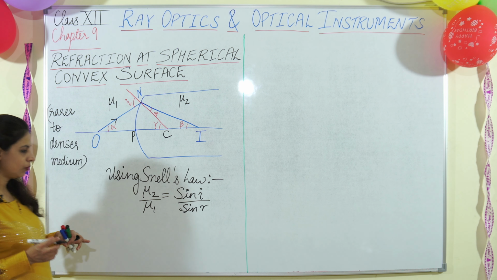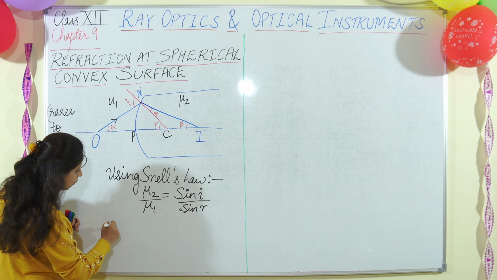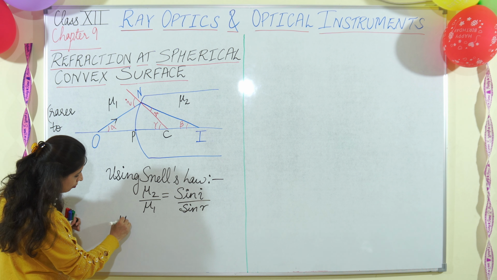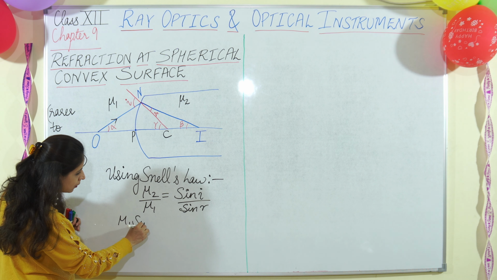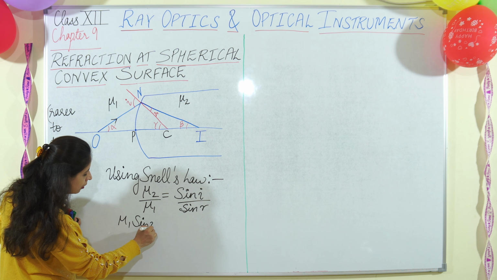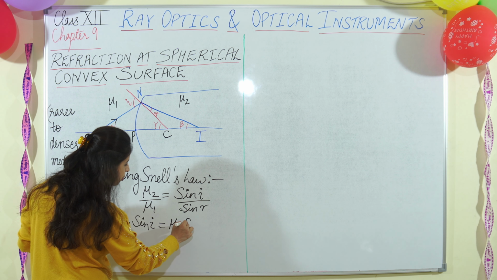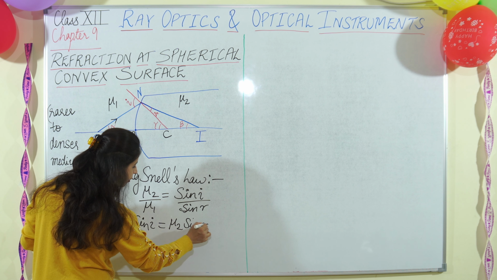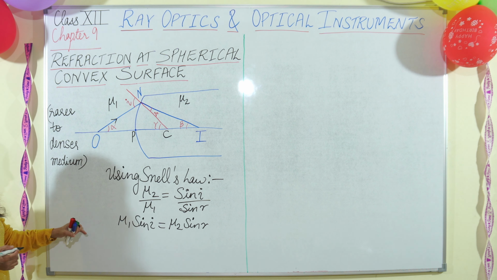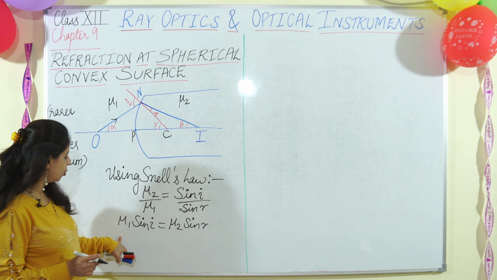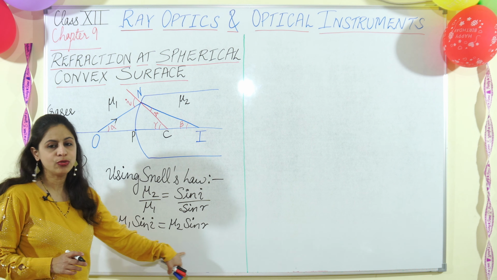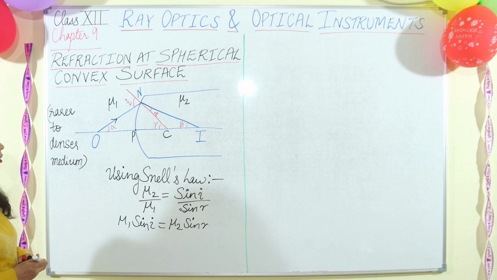Okay, so we can cross multiply it. So we will be getting mu1 sine i is equal to mu2 sine r. Okay, so mu1 sine i is equal to mu2 sine r. So we are getting this over here.